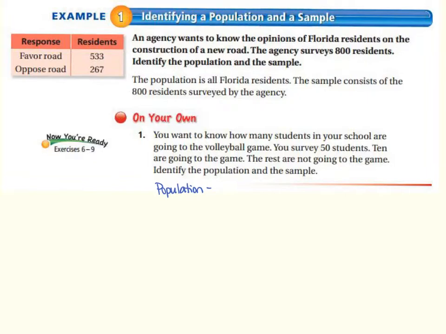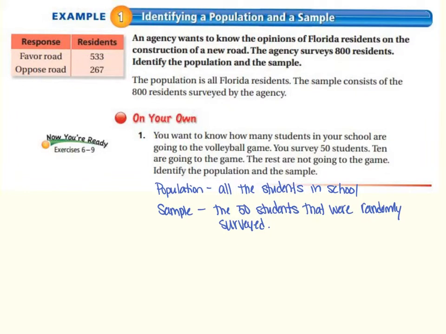In this case, the population is all the students at your school, and then the sample is the 50 students that you surveyed, since you didn't survey the whole school, you only surveyed 50 of them. So make sure you get all this information in your notes, please, before you move on.